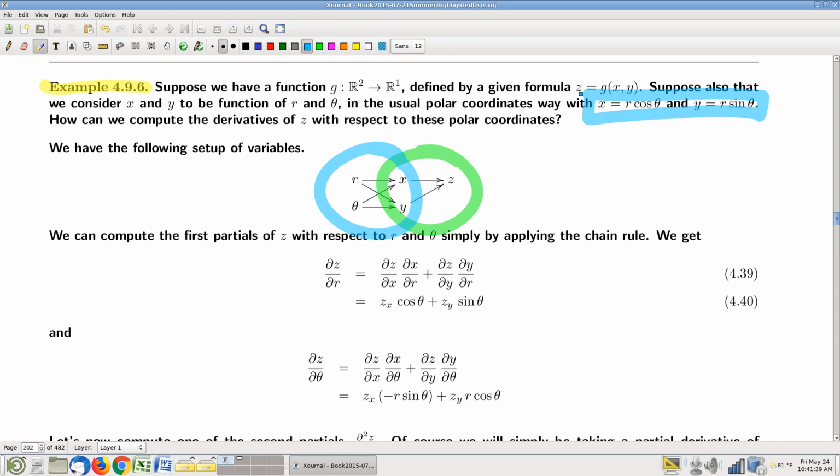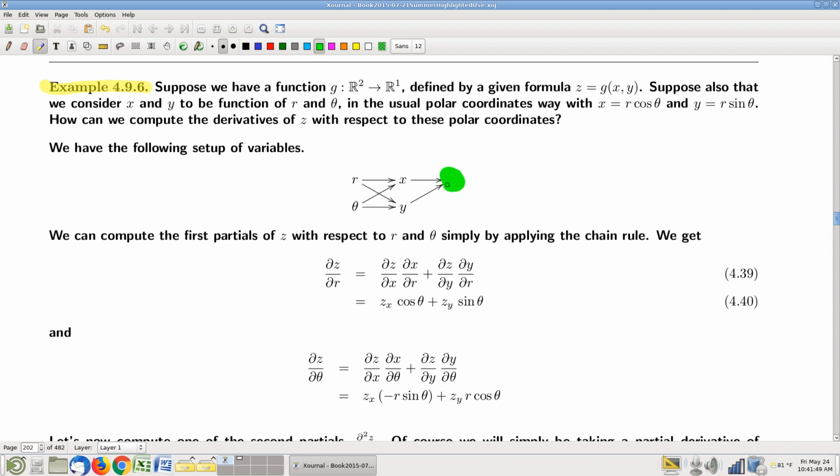And let's talk about how we compute a second derivative. Well, I'm going to start off by computing a first derivative. Let's start with, how would I compute the partial of z with respect to r?